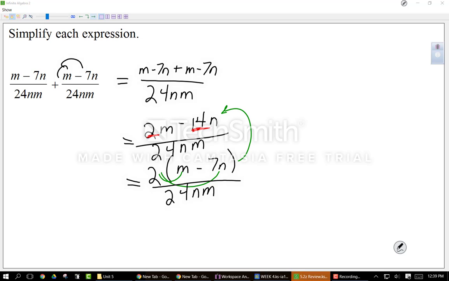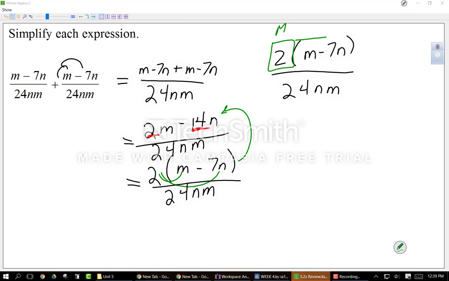Now, I'm just going to rewrite it over here to the right so I can look at it without different colors. If I look, this 2 is a monomial. This m minus 7n is a binomial, and then this 24nm is a monomial.